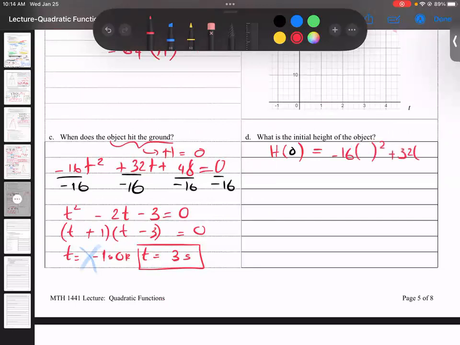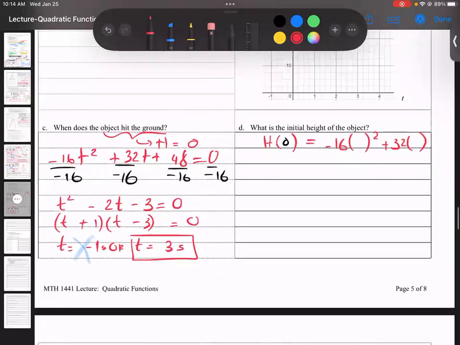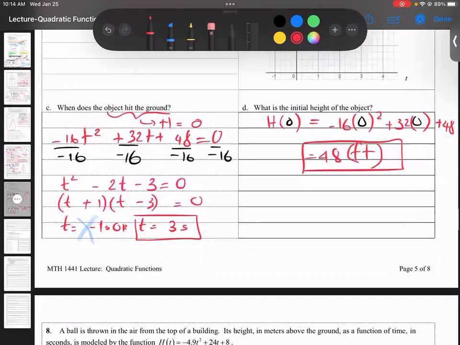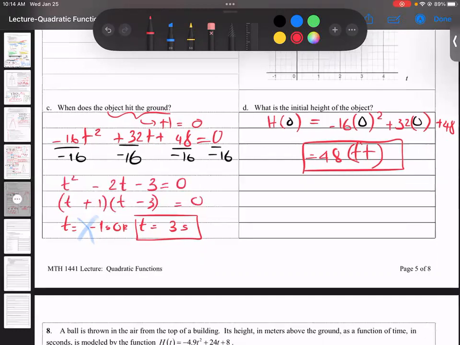I'm just going to show you work. You can just give me 48. We're just going to show work for the sake of the notes. So 0, 0, so it's going to be 48 feet. So that's the initial height. Number 8 is similar. Please practice it on your own.